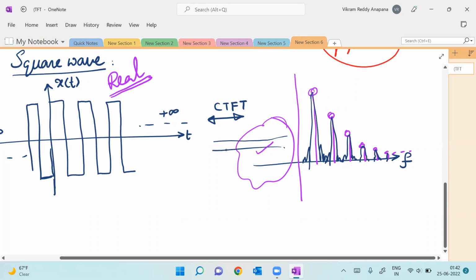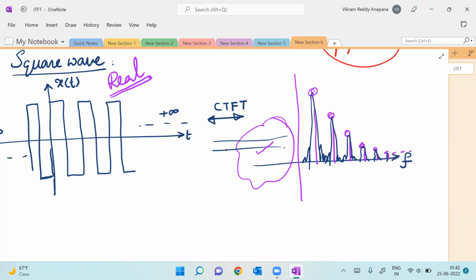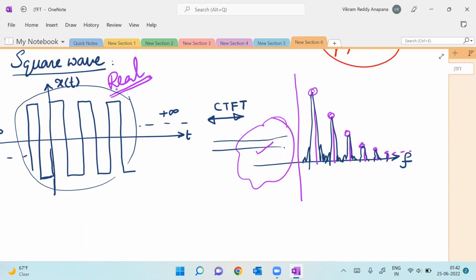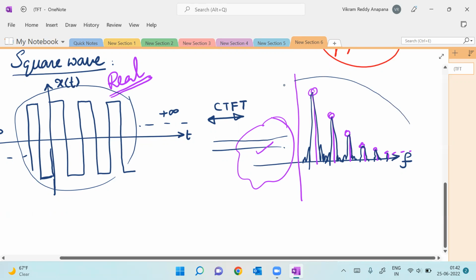Let's skip that for the time being. What you can understand here is this: as my time domain signal has quick changes, I'm seeing many frequency components in the frequency domain. This will continuously go on, keep on going that way. You can see some sinc behavior in the frequency domain.